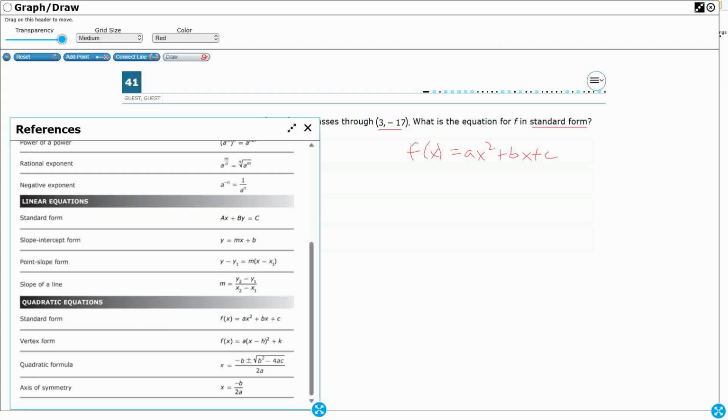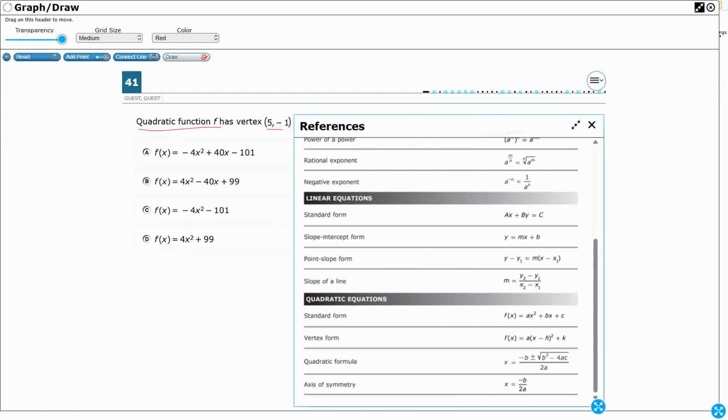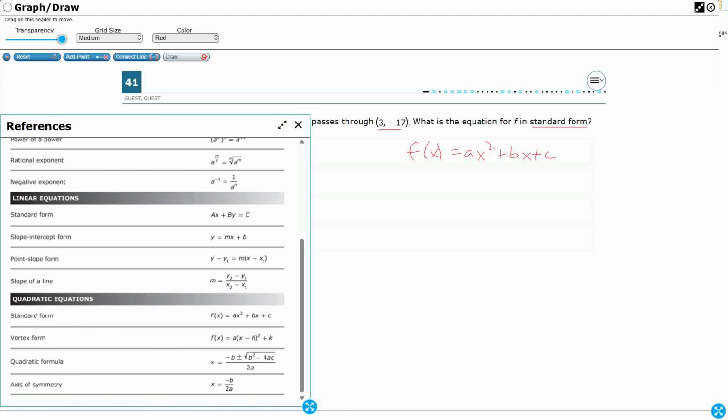We are also going to need the vertex form, because it gives us the vertex, and that's going to be helpful. So I'll just put standard right here, and then let's get vertex right here. F of x equals a, and they give it to you in this form, x minus h squared plus k.